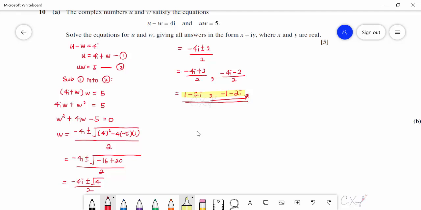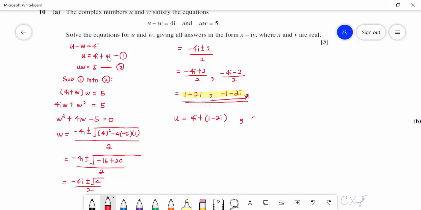Okay, once you have the value of w already, then of course you can find the value for u. To find the value of u, you can use back the easier equation, which is equation number 1. So u equals 4i plus w, right? So it will be 4i plus 1 minus 2i.